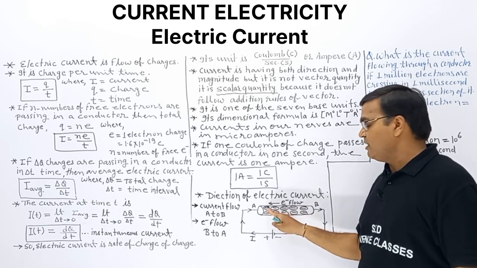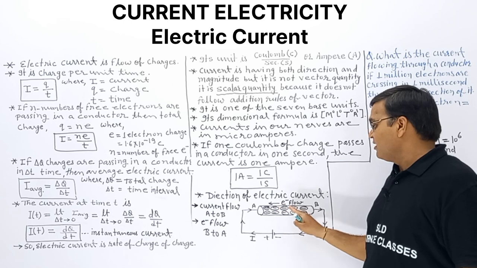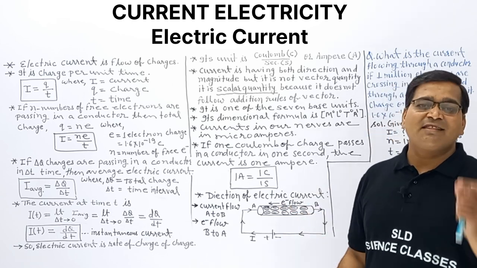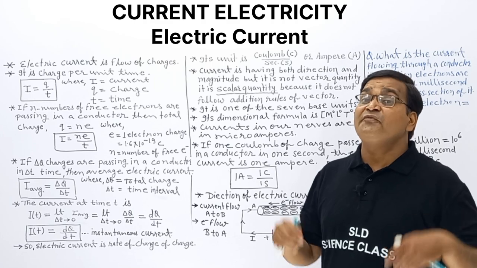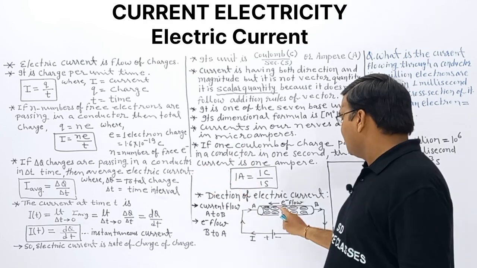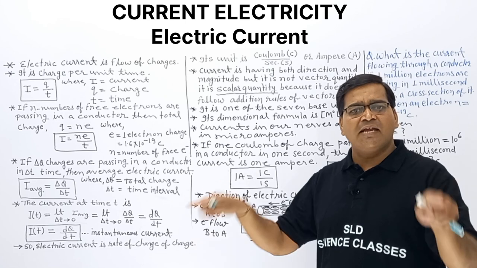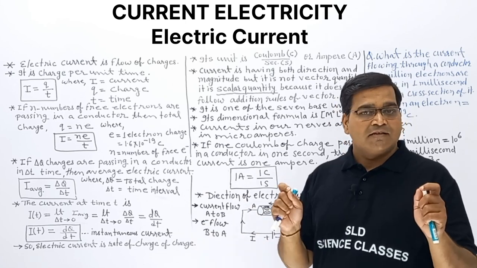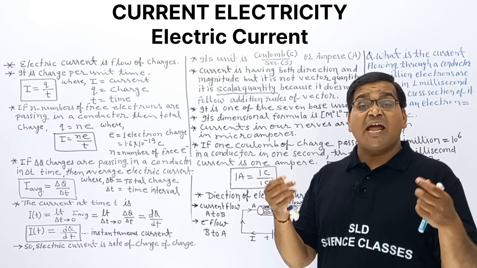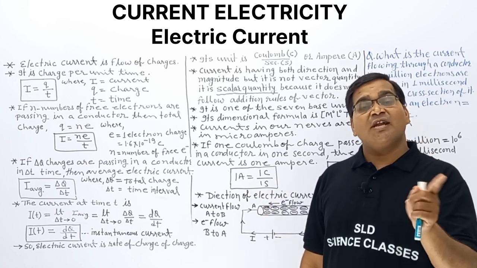Electrons are negatively charged, so minus n number of free electrons are passing in a conductor. What is a conductor? A conductor is a type of material in which current can easily flow.